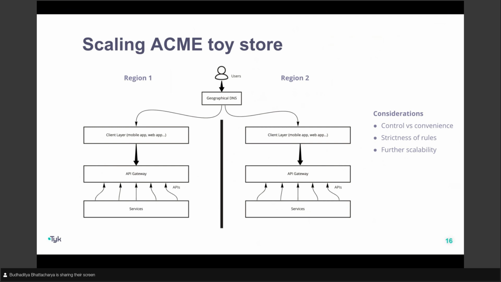In which case, one possible solution could be a siloed approach. You're essentially replicating all three layers of your application and making it available across those two regions, but they are essentially siloed solutions. The way you would then make it available to your users could be through geographical DNS, which would look at which region a user is coming from and redirect them to your solution in that specific region.